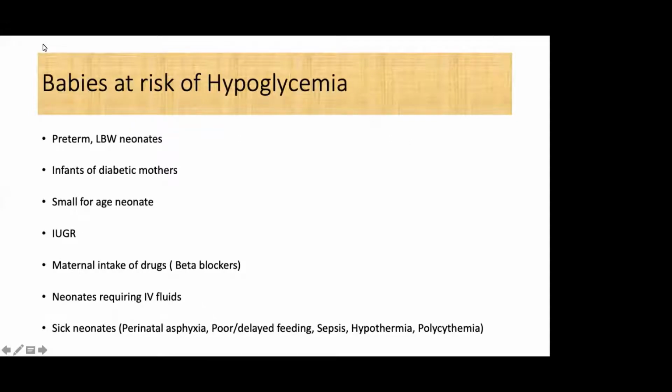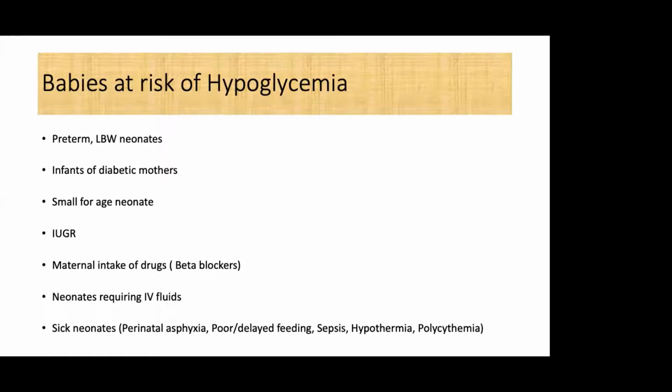This continuous supply of glucose is cut off, and the baby must generate sugar in the initial period of life, or adequate intake has to be ensured to prevent hypoglycemia. If there is a decrease in supply or increase in demand, the baby can develop hypoglycemia. Or if there is lack of storage, like glycogen, IUGR babies don't have a sufficient amount of glycogen. So all these babies can develop hypoglycemia.